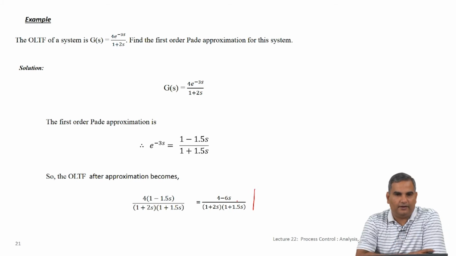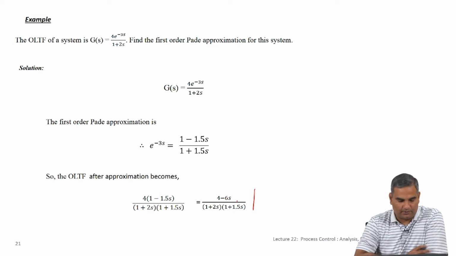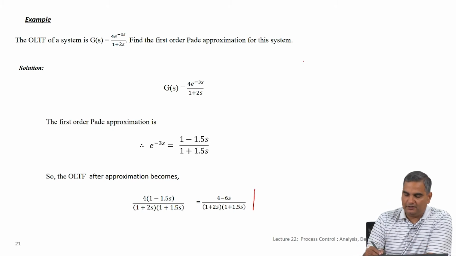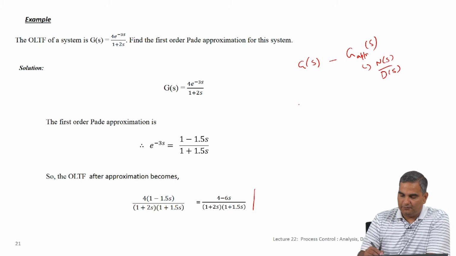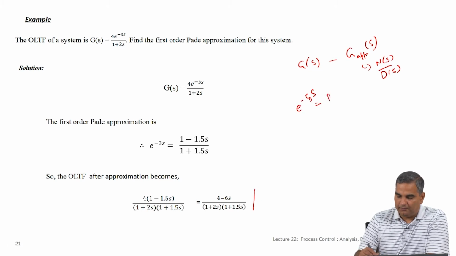So, basically for time delay systems, one way of designing the controller is to use Pade approximation for your process and then simply go ahead and do the standard techniques that we have been looking at. So, if I have a g of s with a time delay function, then you can get an approximate g of s, which will be in the numerator by denominator form, because I am going to convert this e power minus tau d s into a Pade approximation, which has a numerator by denominator.